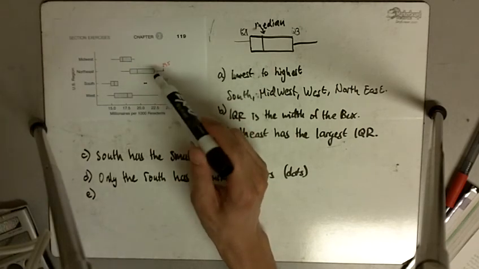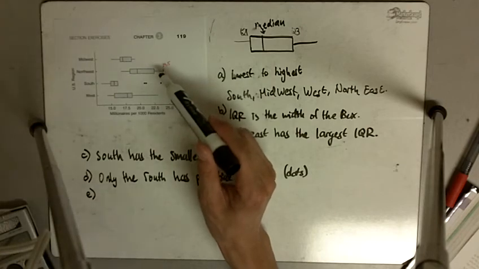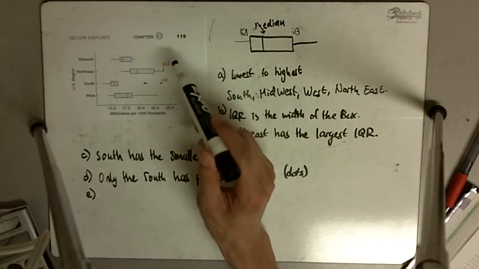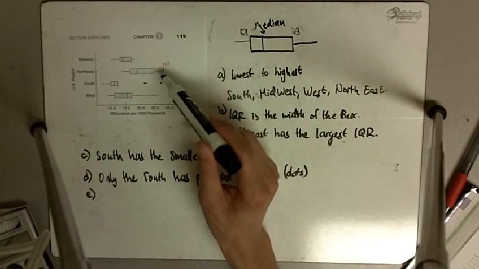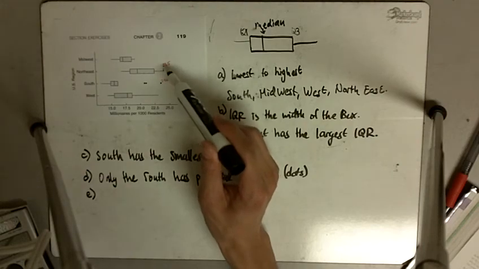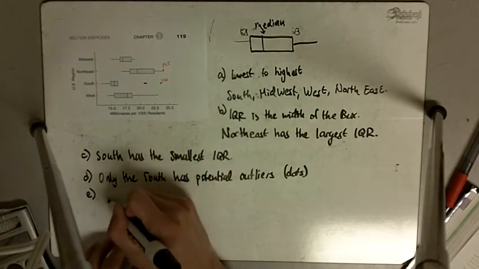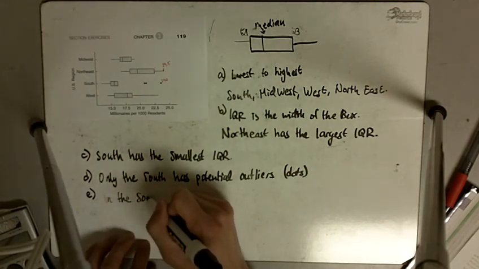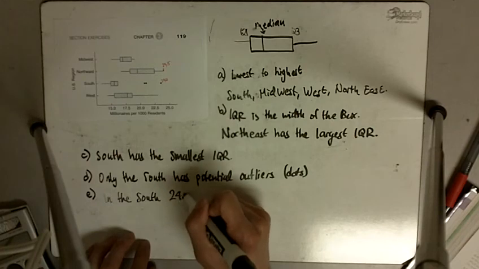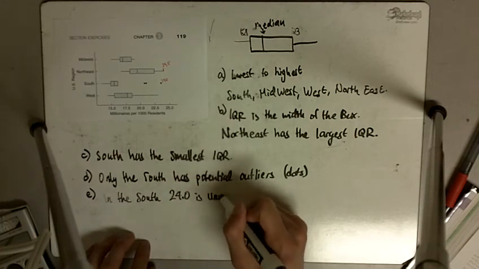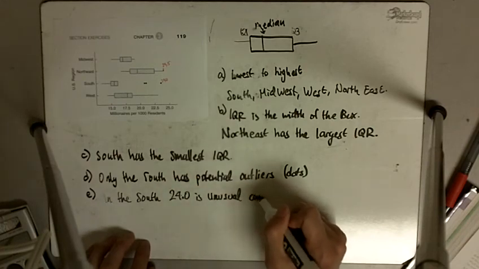Whereas in the Northeast you have places like Massachusetts, Rhode Island, New York, and having 24.5 is not unusual compared to the rest of the region. So in the South, 24.0 is unusual compared to the rest of the region.